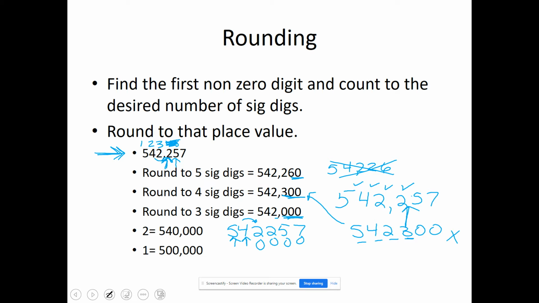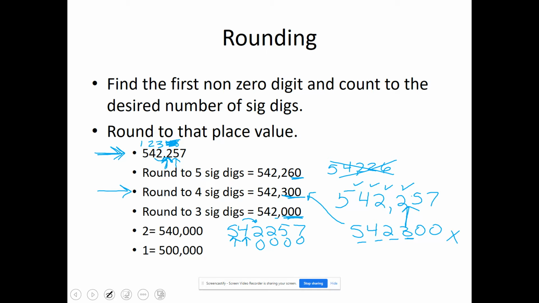Sometimes it's easier to think back to what you would have done a long time ago, like with 5 sig digs, count to 5, but remember back it would say round to the nearest tens, round to the nearest 100. Sometimes it's easier to think place value once you figure out what place value 4 sig digs would be. So if back in 2nd or 3rd grade it said round to the nearest 100, then you would round to just the 300.